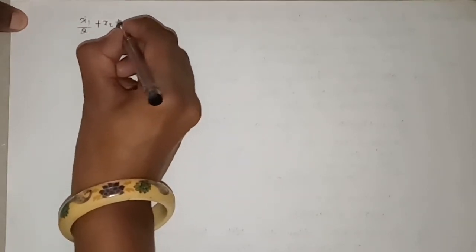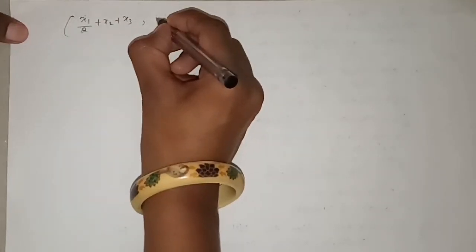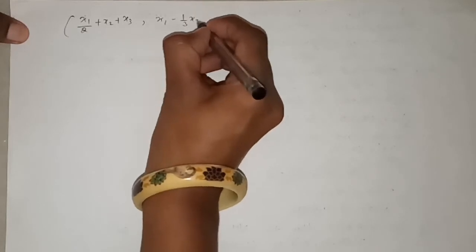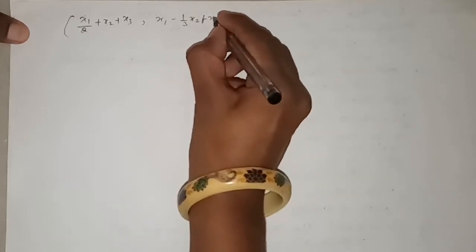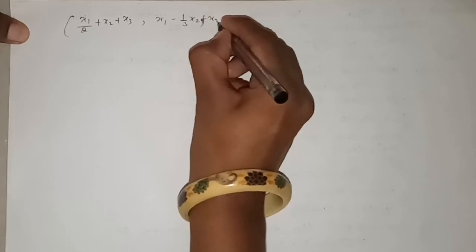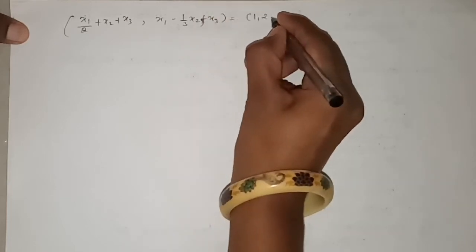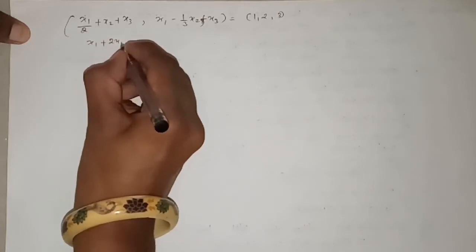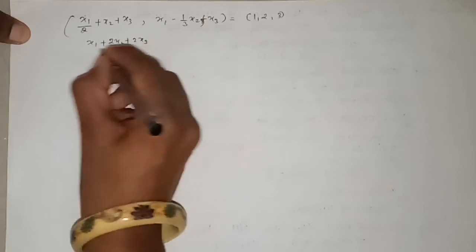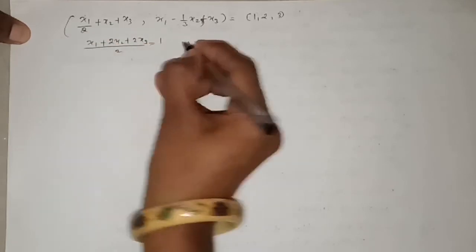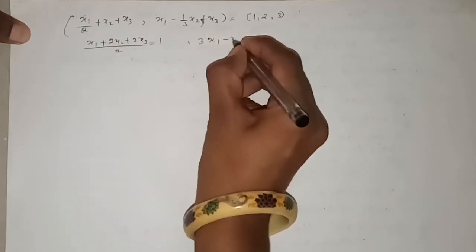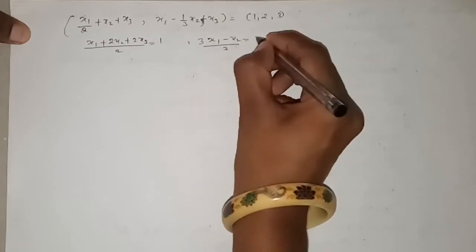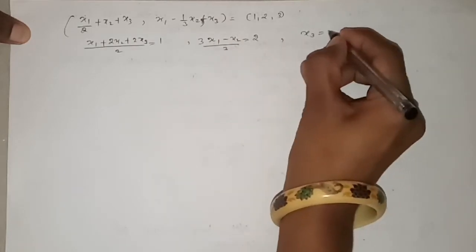Therefore (x1/2 + x2 + x3, x1 - 1/3 x2, x3) is equal to (1, 2, 3). So from this, (x1 + 2x2 + 2x3)/2 is equal to 1, (3x1 - x2)/3 is equal to 2, and x3 is equal to 3.